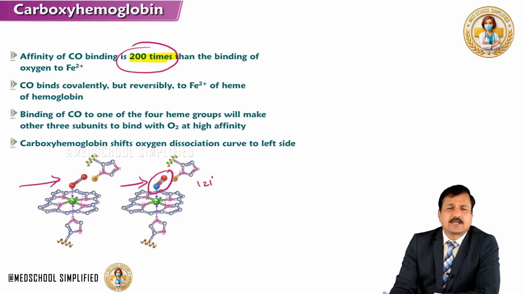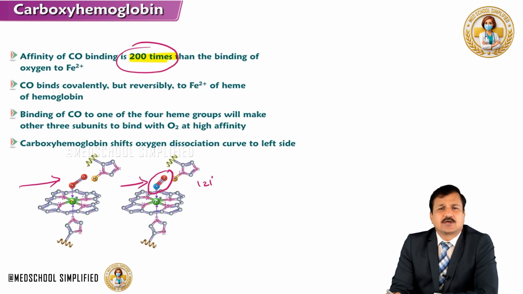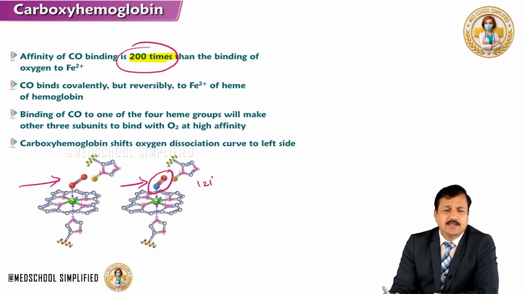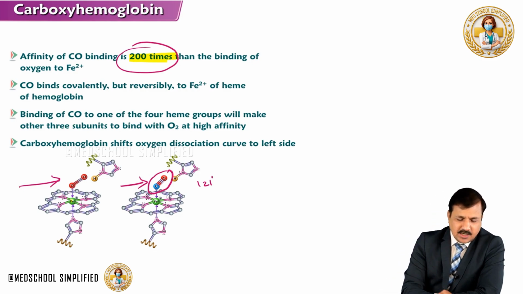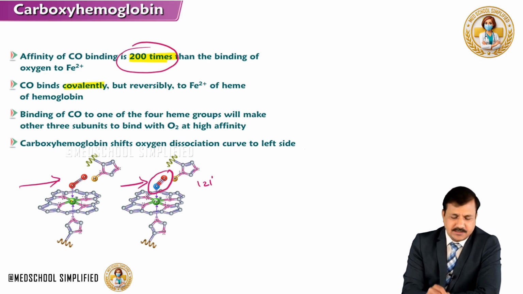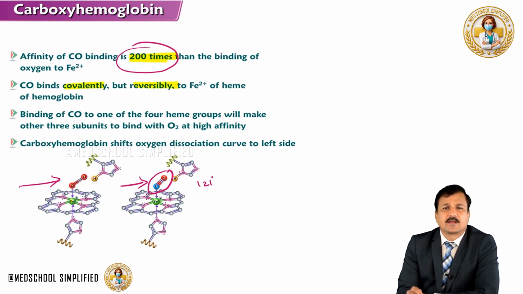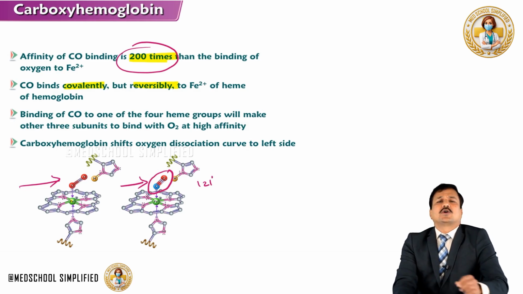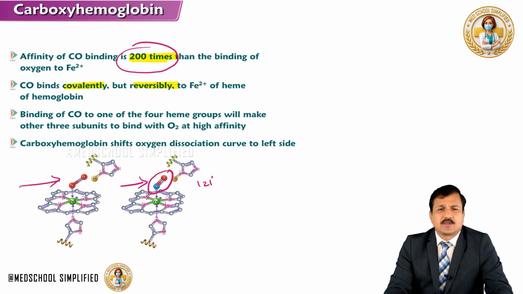Now, how exactly does carbon monoxide bind with the ferrous iron in the heme of hemoglobin? The binding is a covalent bond but a reversible binding. Although covalent binding happens, fortunately, carbon monoxide binds reversibly.